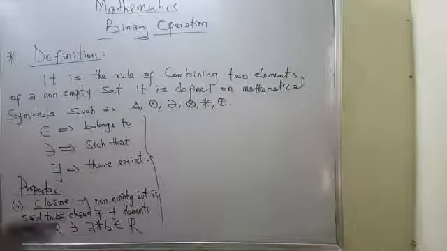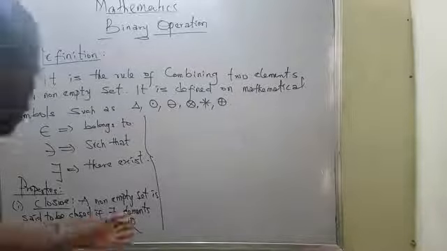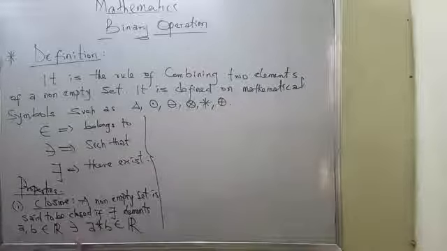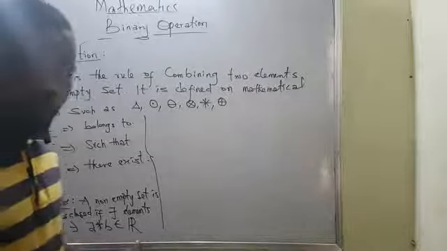So that is the closure property. If a non-empty set is said to be closed, if there exist a, b belonging to the set of real numbers, such that a asterisk b belongs to the set of real numbers.